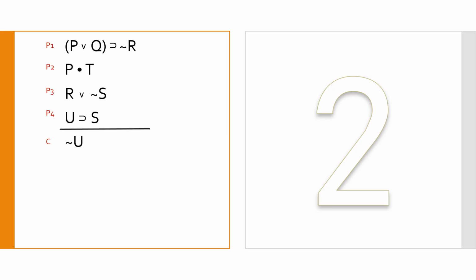Let's take a look at a second example, and this one's going to be a bit more challenging. In this argument, we have in the first premise the proposition that if P or Q is true, then not R is true.